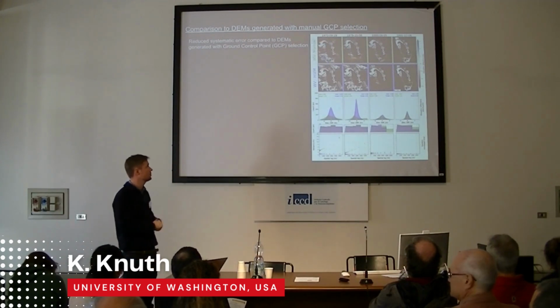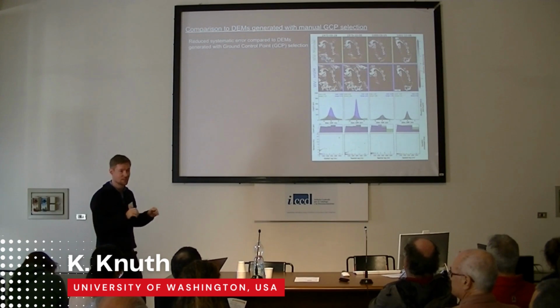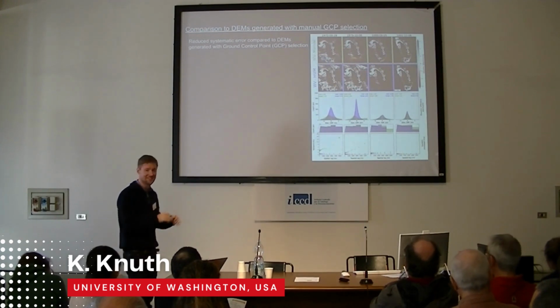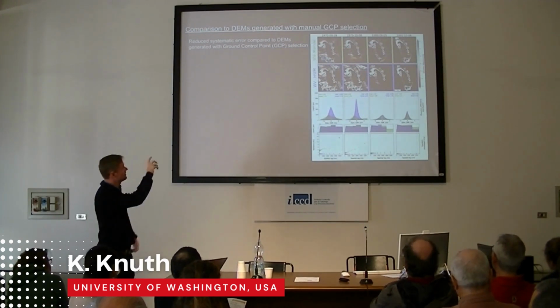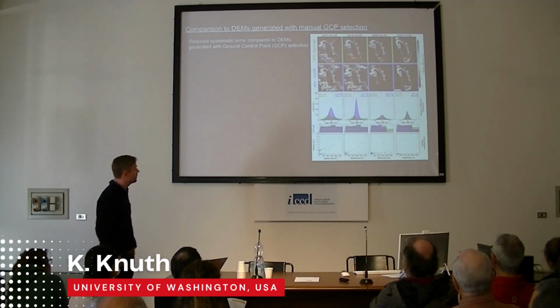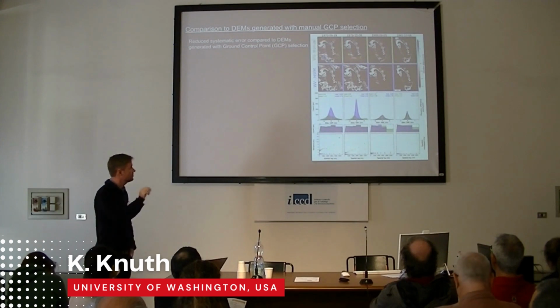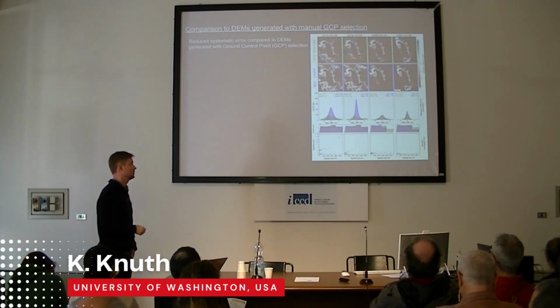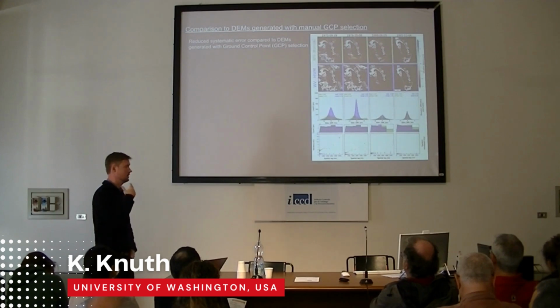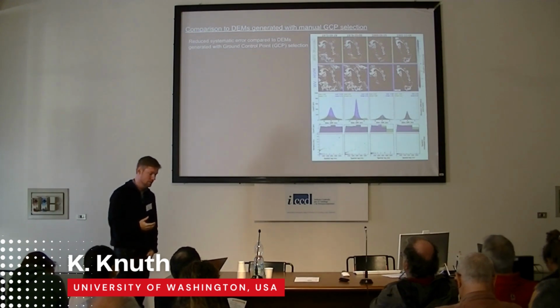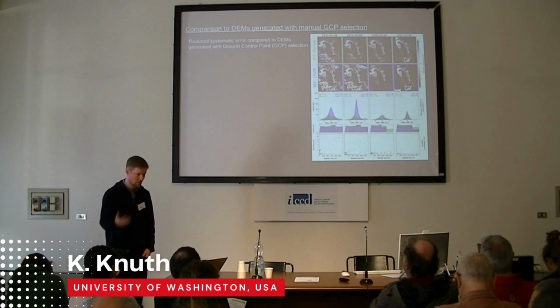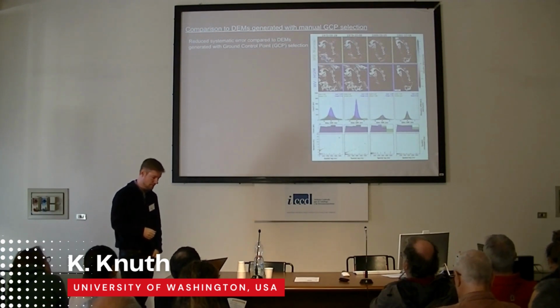These are already published results. We didn't artificially introduce error here. It's not like we're trying to make the point. So these are already published open data from the USGS DEMs that they had created by hand using manual GCP selection, and you can see that there's systematic error in those in the stable surfaces. It's nice to have an automated approach that both improves the result and is fully reproducible.